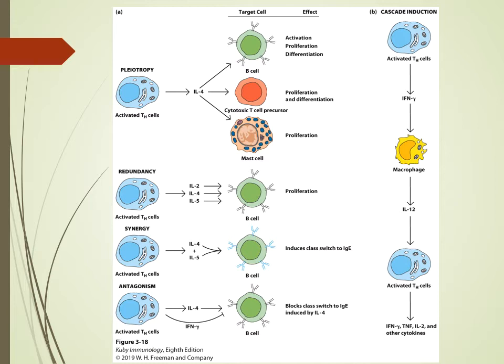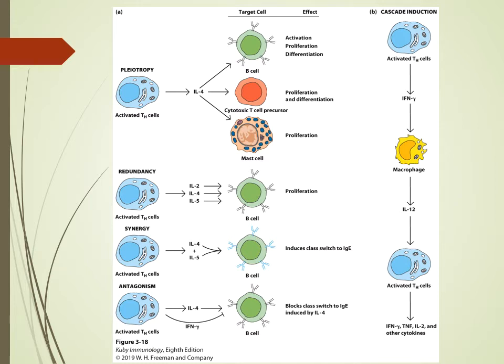IL-4, or interleukin-4, can affect a number of different immune cells, such as B cells, cytotoxic T cells, and mast cells. And you can see that each one is going to have a slightly different effect. So yes, we have proliferation occurring, but for our cytotoxic T cell precursor, it's going to differentiate into a mature effector cell. And for our B cell, we get activation, proliferation, and differentiation occurring.